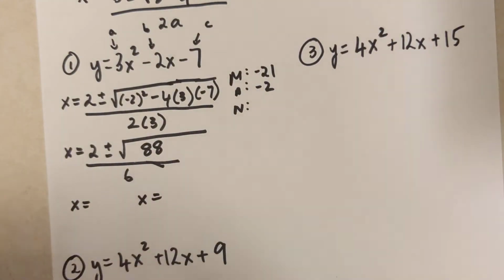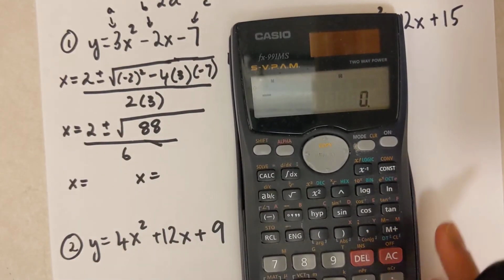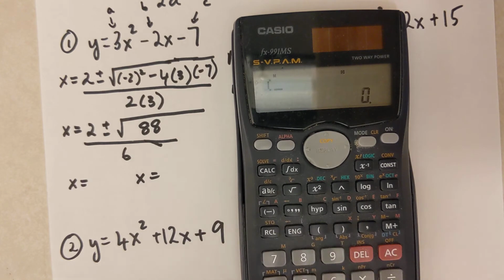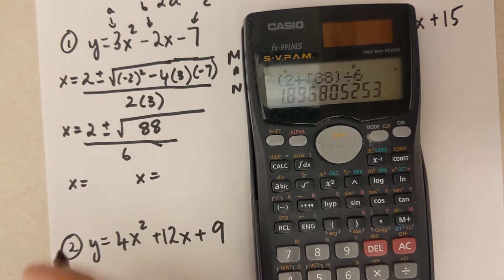So what I do is I want to type this whole thing in my calculator in one step. Remember, in some calculators you're going to have to use a bracket like mine. So 2 plus square root 88 divided by 6. Make sure you put a bracket around the top if you don't have a fraction in your calculator like mine. Then I'm going to hit equals and I get 1.897.